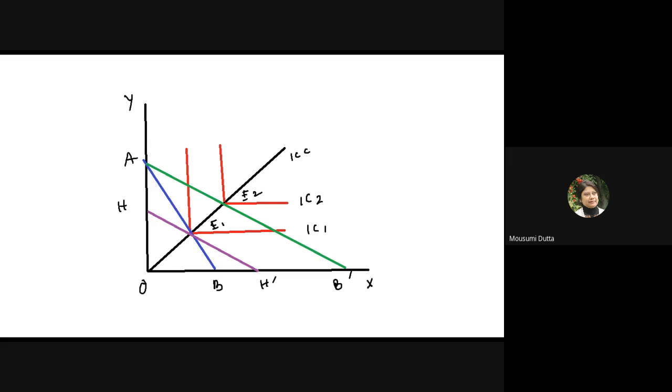So the substitution effect is 0. When the compensating change in income is withdrawn, the budget line moves parallelly from HH prime to AB prime.